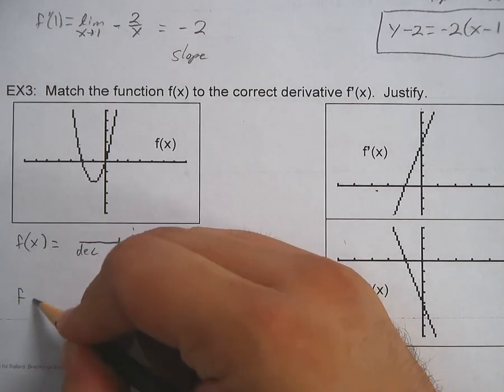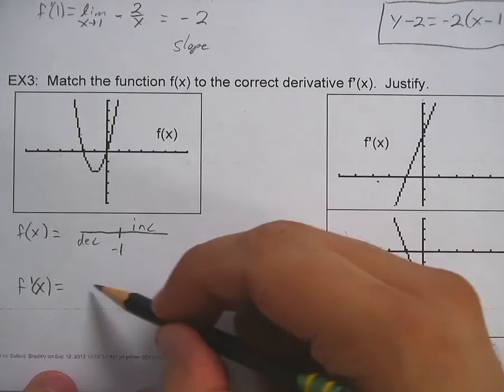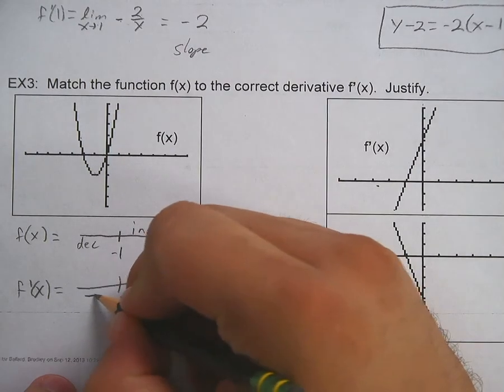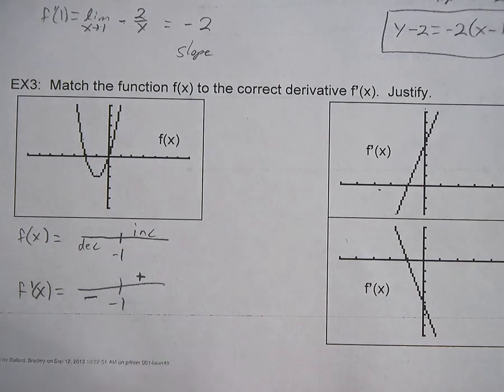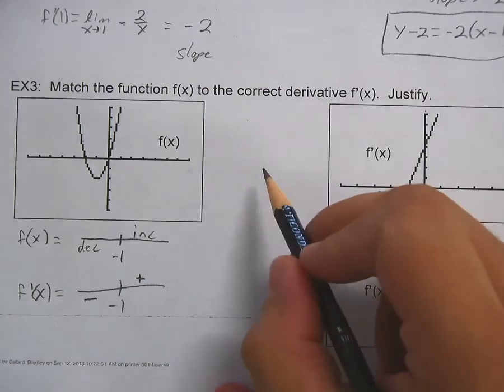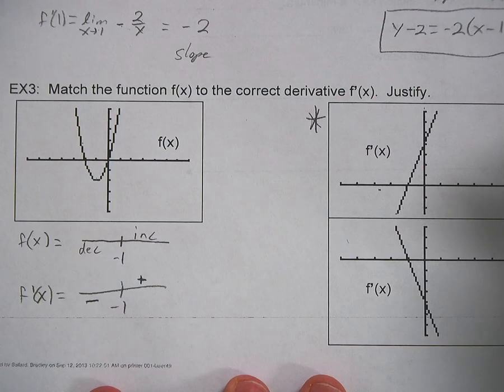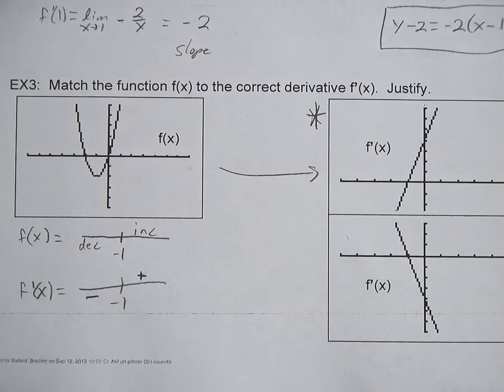So if we think about this, for the derivative then, f prime of x at negative 1, that's going to change from being a negative value to being a positive value. And there's only one of these that happens on, and it's this guy right here. So this guy is the derivative of this guy, because you're looking at slope, right? You are looking at slope.